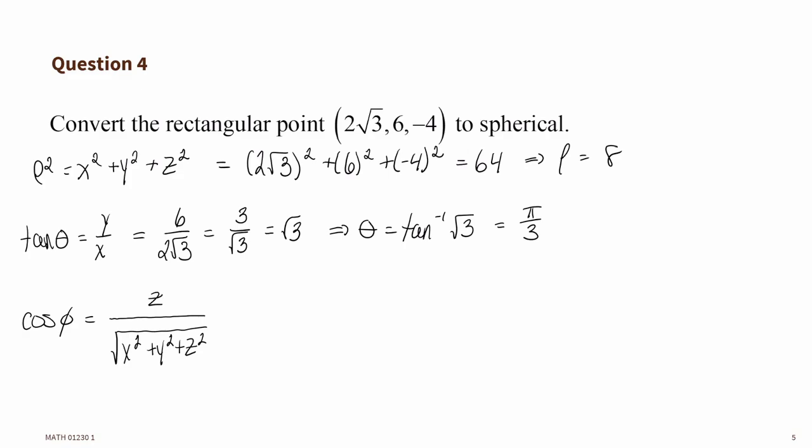All right, so this is the actual relation. You can just take inverse cosine. And for our purposes, this can be simplified even further. What's the square root of x squared plus y squared plus z squared? Rho. It's just rho. So you could write it as phi is the inverse cosine of z over rho.